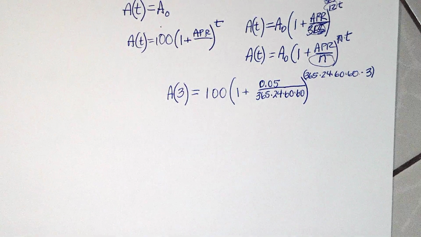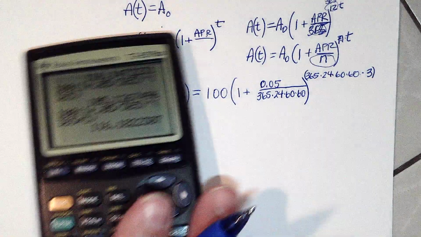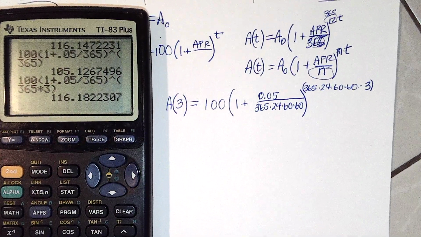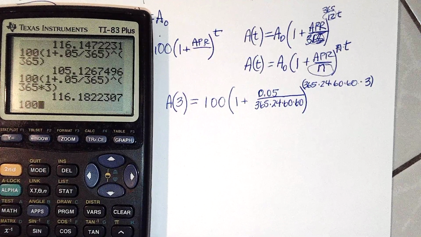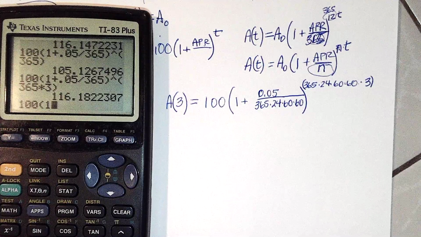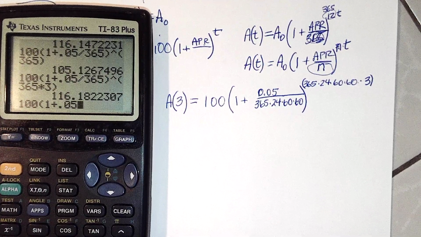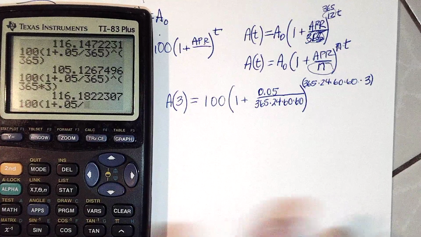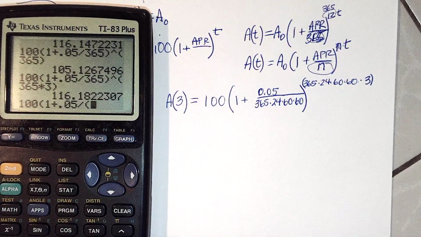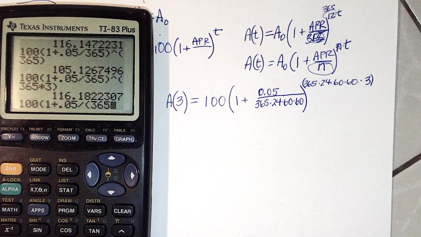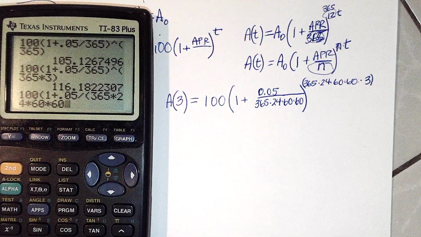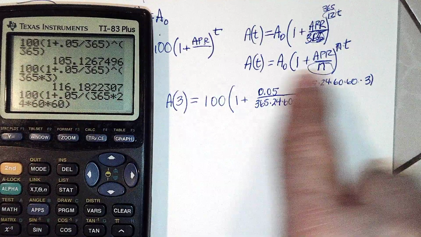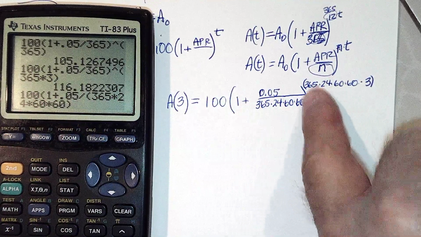So now let's see how much more I get. Not going to be very much more, but let's see. So 100 parenthesis 1 plus 0.05 divided by, now I've got a complicated denominator, so I got to put it in parentheses. 365 times 24 times 60 times 60. And that's closed. I got to close this with this parenthesis.